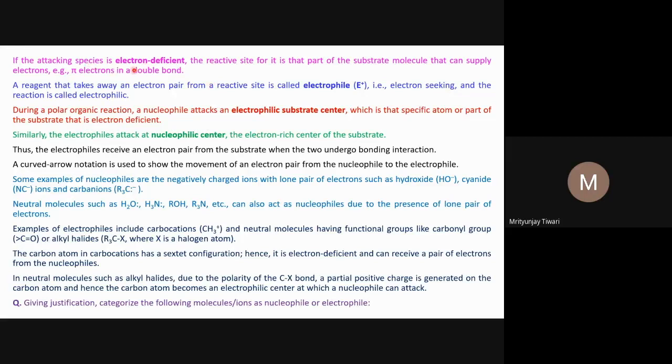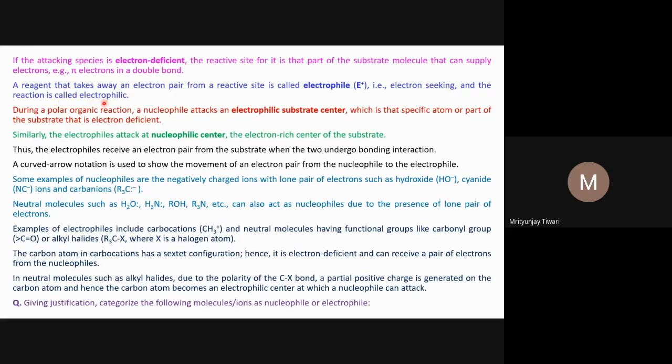If the attacking species is electron deficient, the reactive site constitutes that part of the substrate molecule that can supply electrons. Example, pi electrons in a double bond. Pi electrons are loosely bound, easily available to any electron deficient species, so they are electron-rich centers.